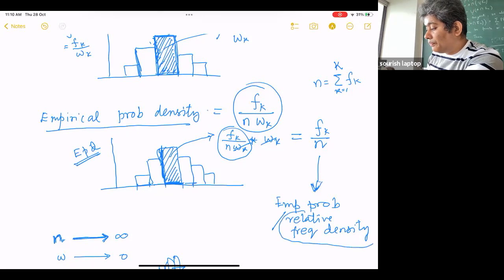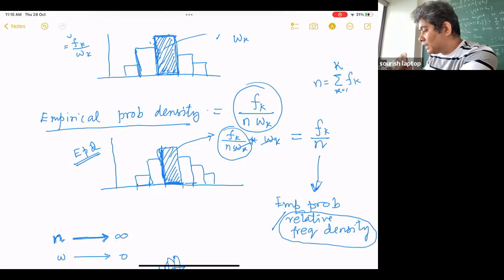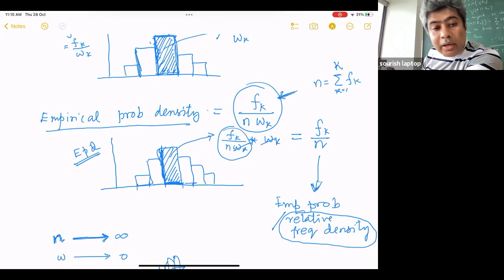In a typical statistics book it will be written as relative frequency density. Some more probabilistic books will write it as empirical probability density, but essentially it is the same thing.